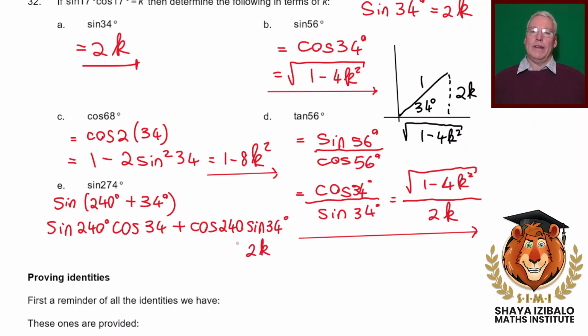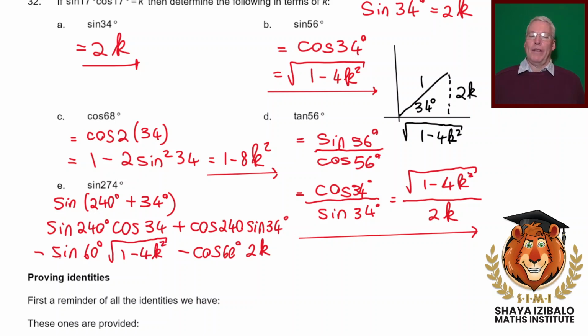Cos of 240 is in quadrant 3 by 60 degrees. It's the same as negative cos 60. Sine of 240 is the same as negative sine 60. And remember that cos of 34 we've already worked out. It's the square root of 1 minus 4k squared.